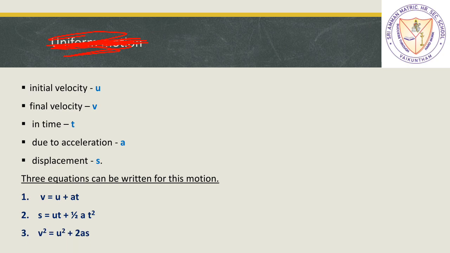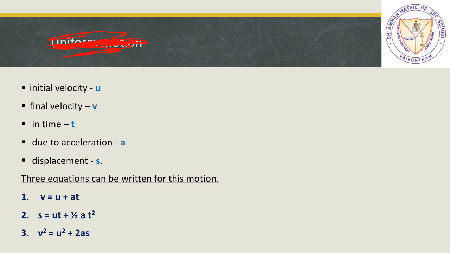Then the third equation of motion is v square is equal to u square plus 2as. That is, square of the final velocity is always equal to square of the initial velocity plus 2 times the product of acceleration and displacement. I'm a bit fast in saying all these things because the symbols v, u, s, t, a are familiar to you, as we have already dealt with this in our previous class.